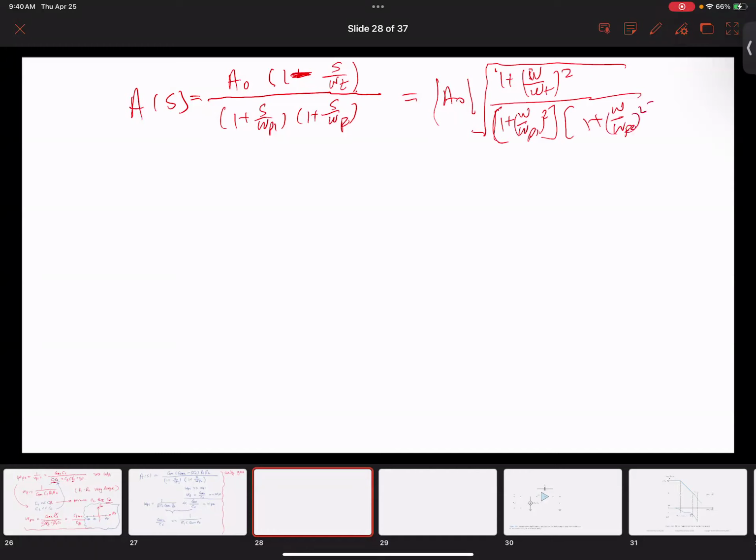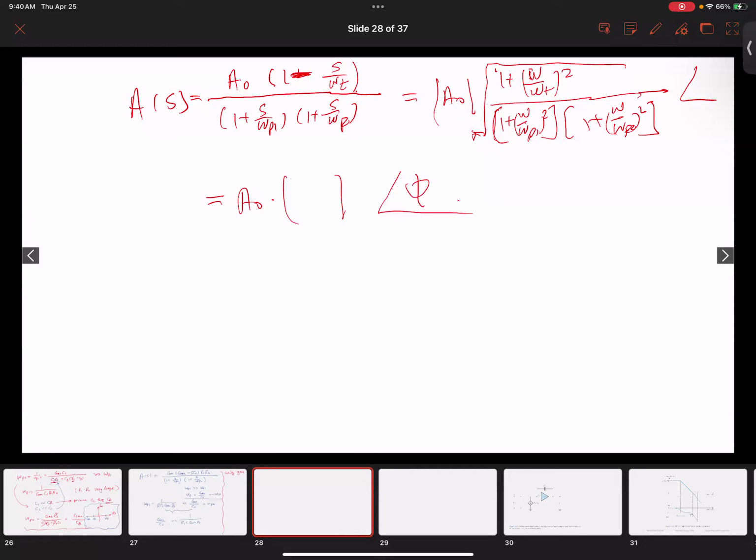This is going to give us the actual value when frequency changes. And then there's also an angle. The angle at the top is really 90 degrees. So we have really just this A0 times the huge number over here, and then times angle phi. I'm going to write down this value.